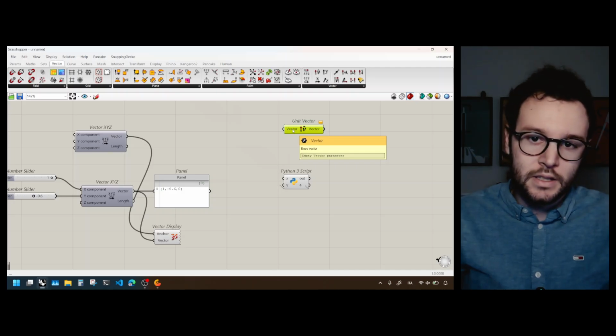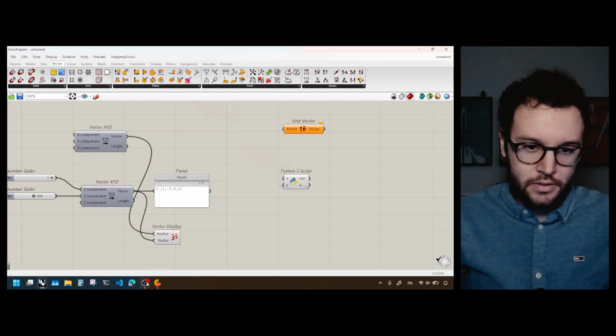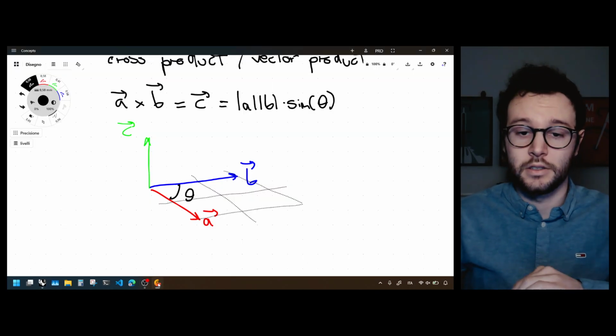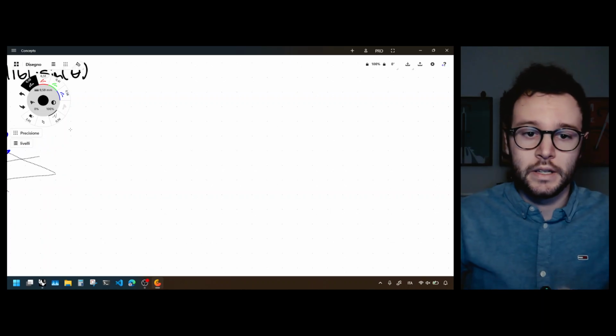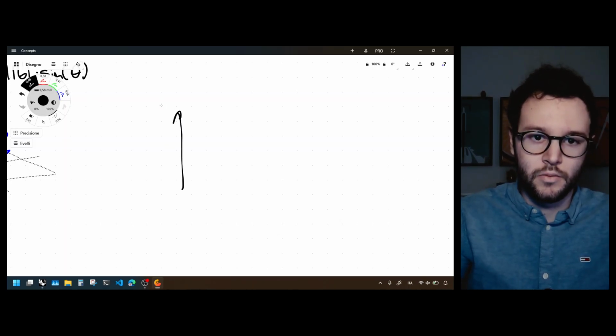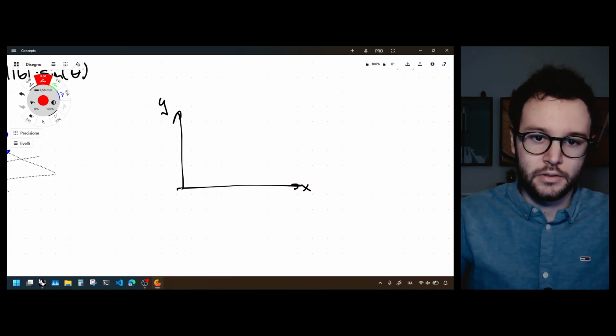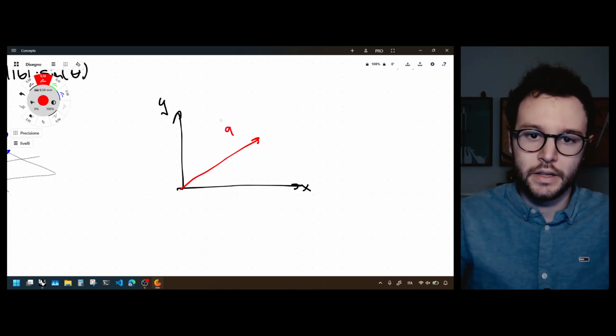This just takes a vector and divides it by its length. We didn't see how to compute the length of a vector. Let's actually see it quite quickly. Let's use a 2D vector as an example, because it's very easy, of course. So we have y, we have x. Let's say we have a vector A like this.